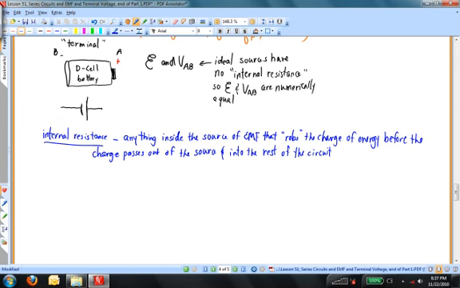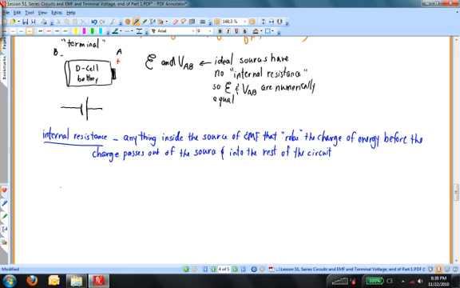Usually when we say a battery has gone dead, what's happened is not that the chemicals have been exhausted, but that for whatever reason the amount of internal resistance in the battery has increased so much that the energy that the source of EMF provides to the charge is insufficient to do whatever job it needs to do, such as light a light bulb when it's in a flashlight.